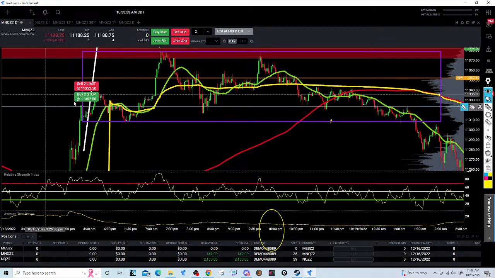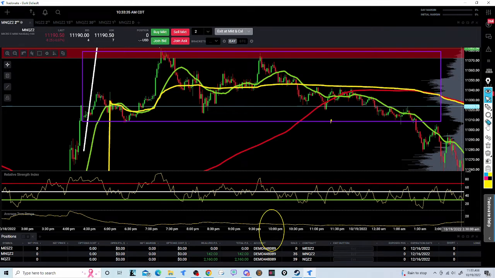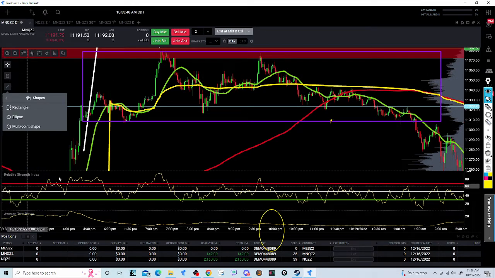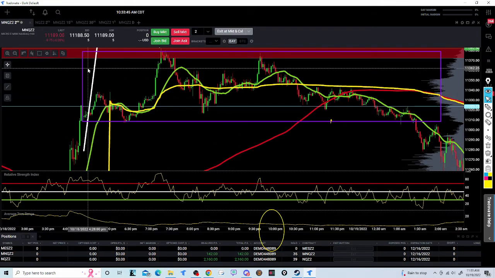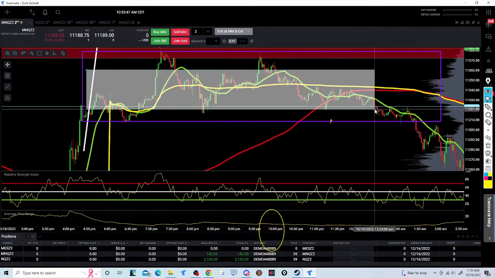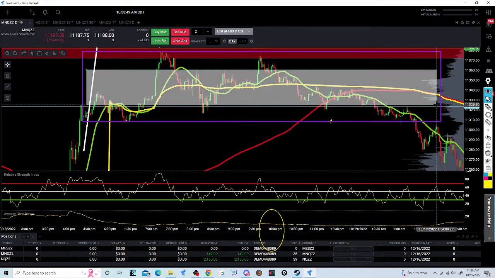Next, let's go ahead and mark off our no trade zone. Come to your drawing tools, go to your shapes, choose a rectangle, and you're looking to grab the meat and potatoes of the range. Okay, now we have our no trade zone. This is where we do not want to trade.